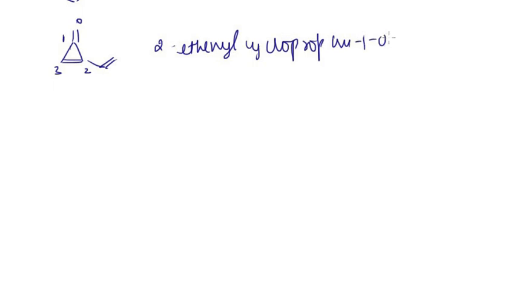Then 1, 2, 3. 2 ethynyl cyclopropane 1 one, and this ethene, then ethynyl is a substituent, then it is an ethynyl group, right?